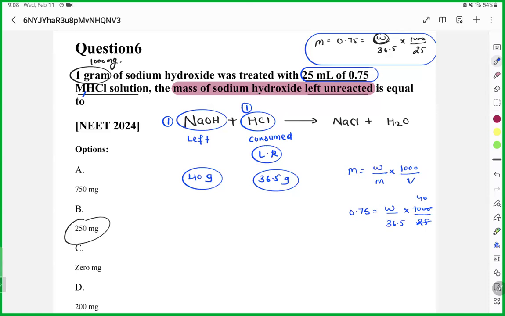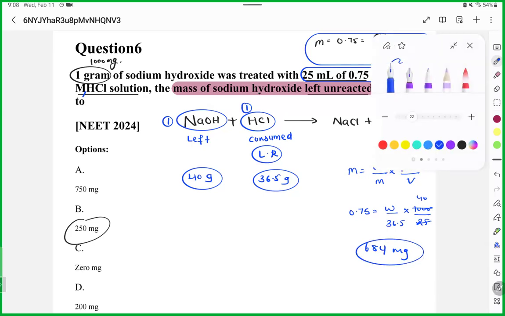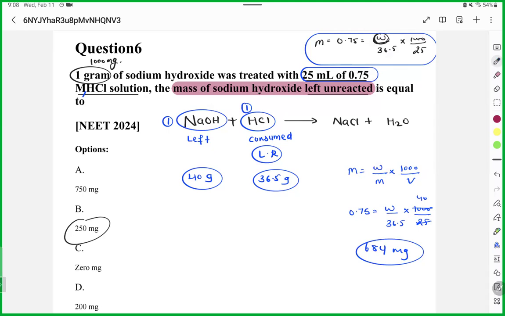Let me use the calculator: 0.75 multiplied by 36.5, divided by 40. You will get around 684 mg. This is given here, 684 mg.